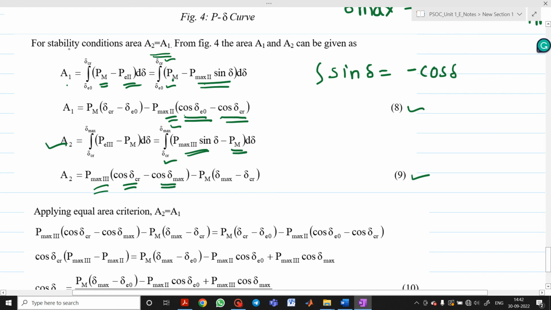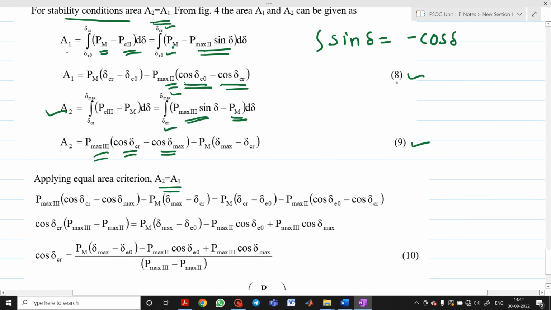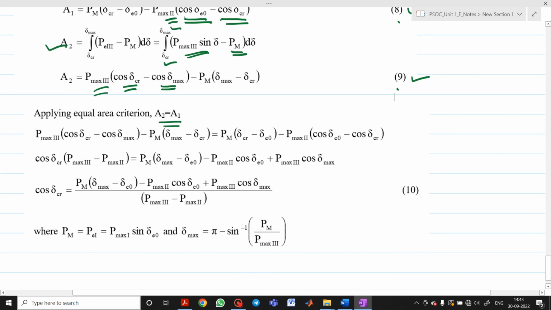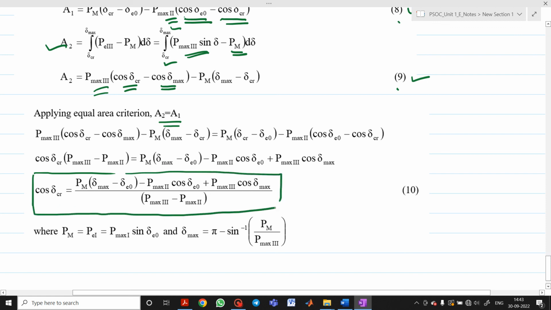Now we know that for the system to be stable, A2 will be equal to A1. So please equate equation number 8 and equation number 9. By equating them and rearranging the terms in such a way that you have cos delta CR on the left hand side and the remaining terms on the right hand side, you will get this equation for delta CR, the critical clearing angle, when the fault occurs at midpoint.